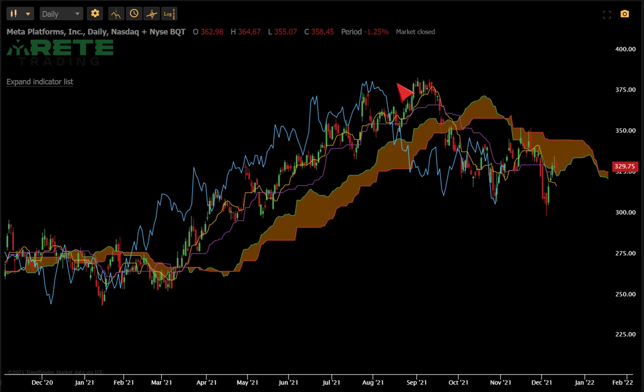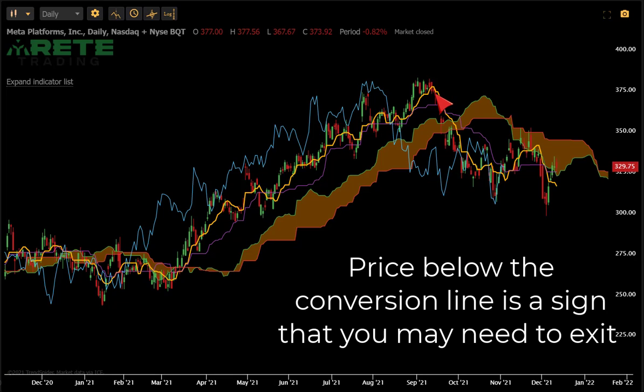Now, as we continue to go up, the next sign that we may have an issue is lagging is below, plus your conversion line is now below.